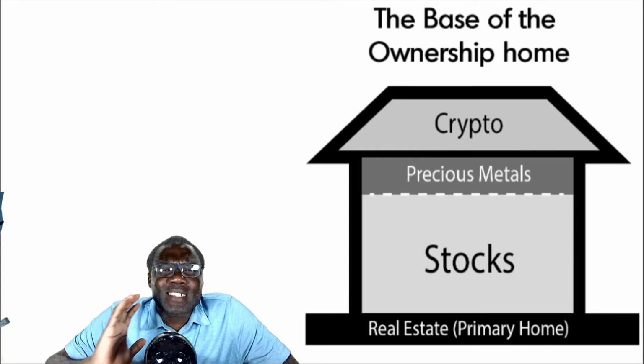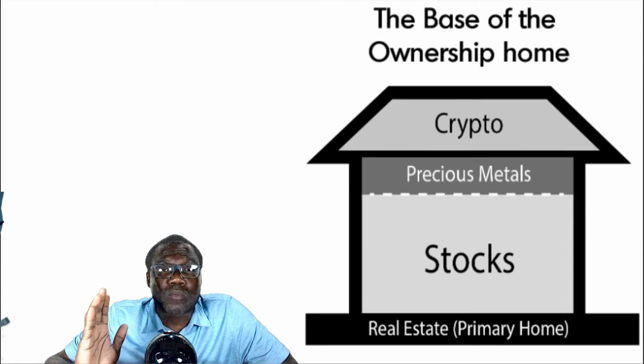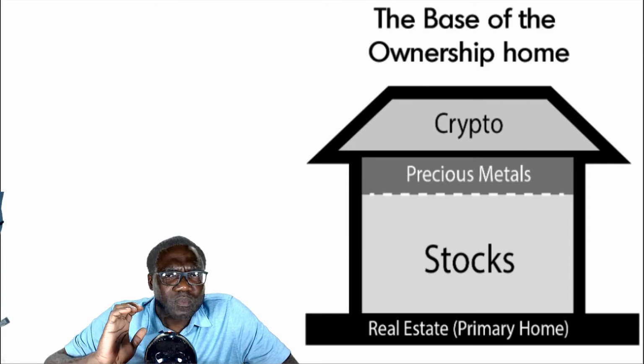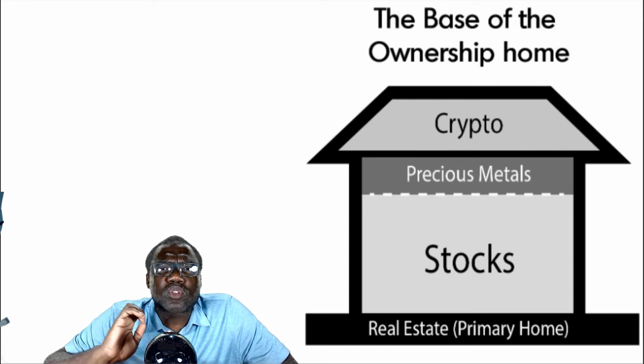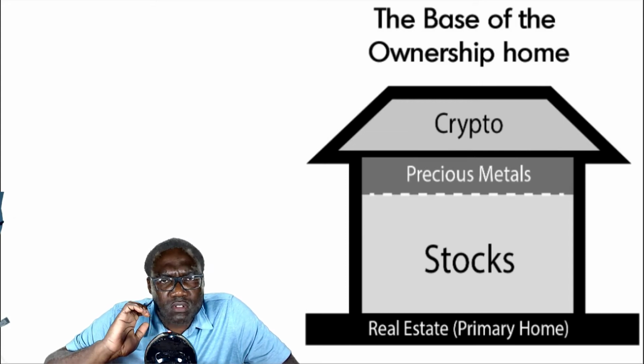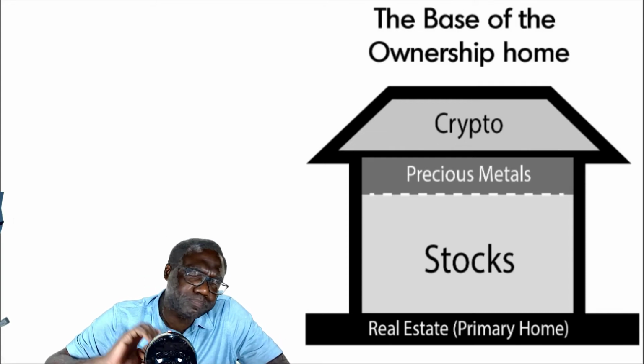Now, nobody's going to give you a massive loan like this with such a low down payment to buy stocks, to buy precious metals, or to buy cryptocurrency. So this is the second main reason why I believe that you should start with this subcategory of real estate, which is primary home ownership.